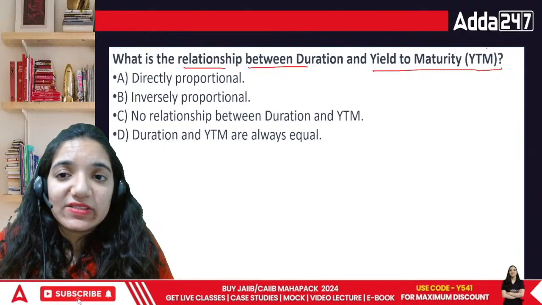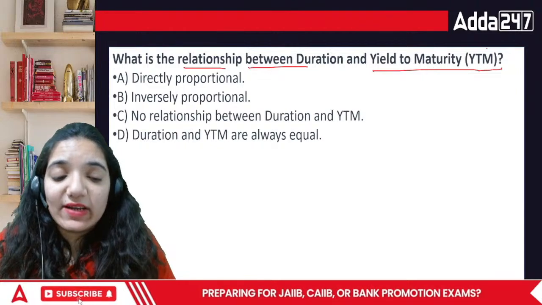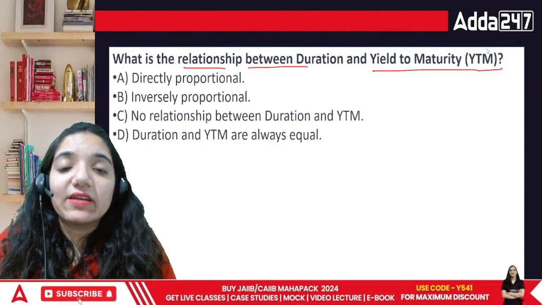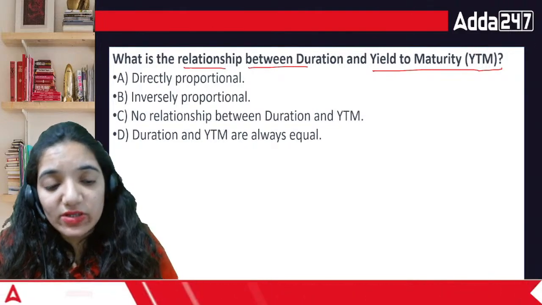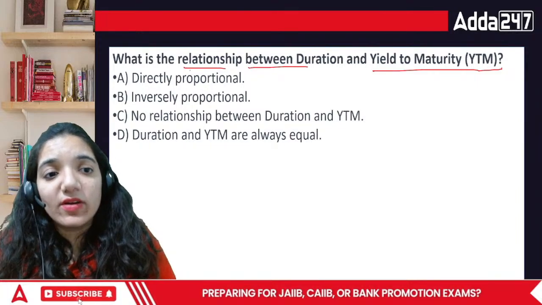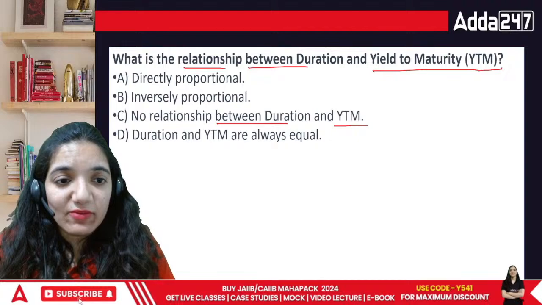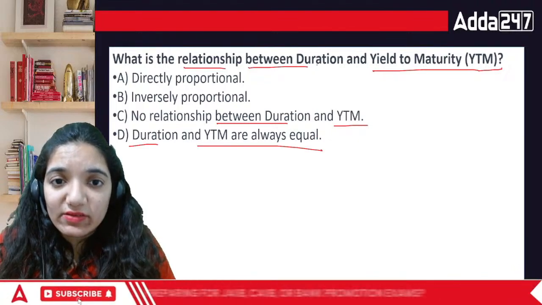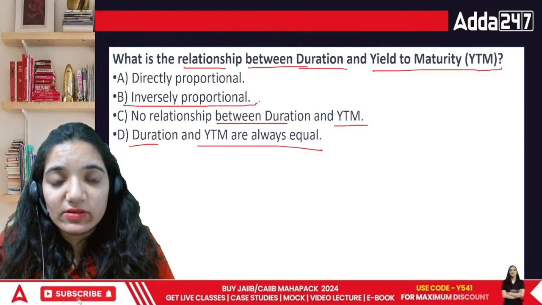Okay, duration is basically the time period for which that is due, and YTM is yield to maturity, whatever the yield, that is the ultimate income that you are getting. See, are they directly proportional, inversely proportional, or is there no relationship between duration and YTM? Or are duration and YTM always equal? In actual, your duration and YTM are inversely proportional.